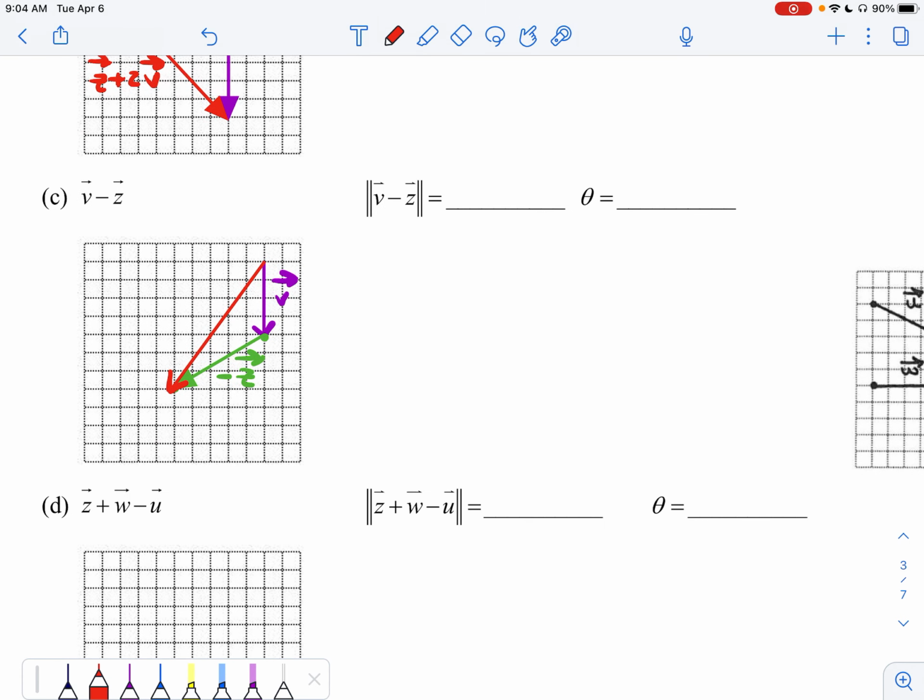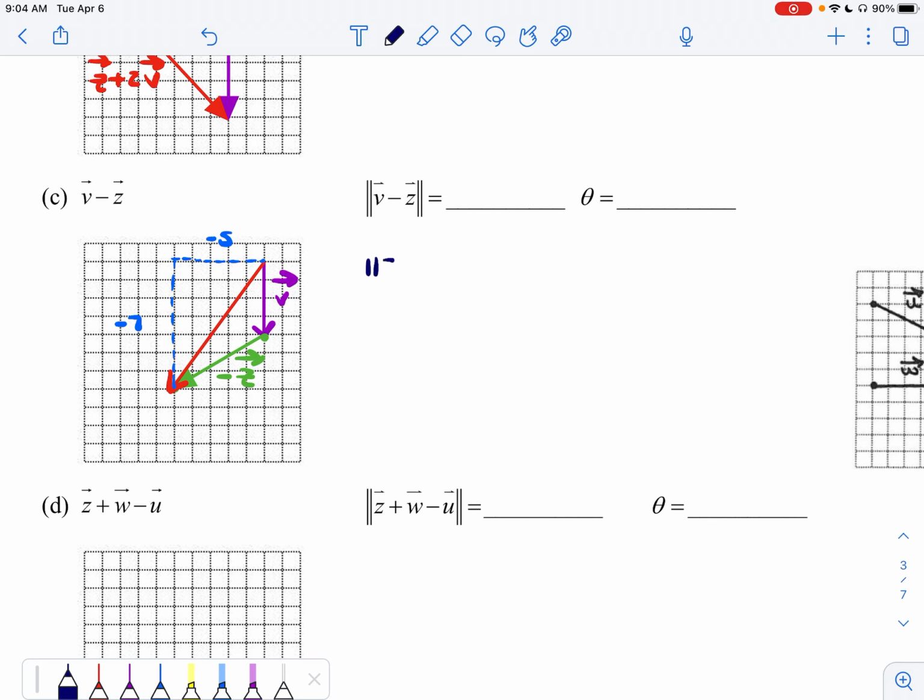So magnitude, remember we're always thinking of the length of our vector. Okay, so you want to think about building out your little right triangle. So we're going 1, 2, 3, 4, 5 units to the left, and 1, 2, 3, 4, 5, 6, 7 units down.